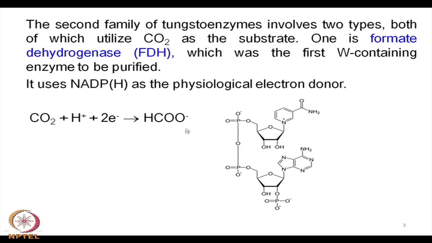So, NADPH is the corresponding physiological electron donor for reducing the tungsten from the highest possible oxidation state, which is +6, to the lowest one achievable in this particular medium, which is the tetravalent one, that means tungsten 4+. So, we have the bases, we have the sugar unit, and then we have the phosphate backbone for the nicotinamide adenine dinucleotide phosphate, and this particular one is useful because it has a typical redox potential, and it has also some positions, because that is why we are writing NADP and NADPH.